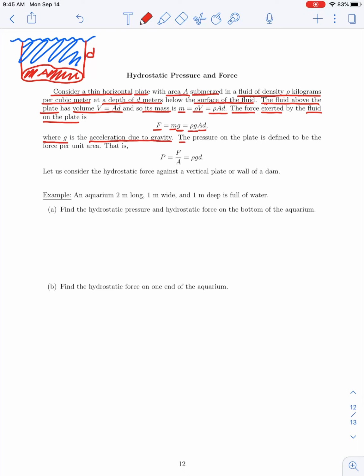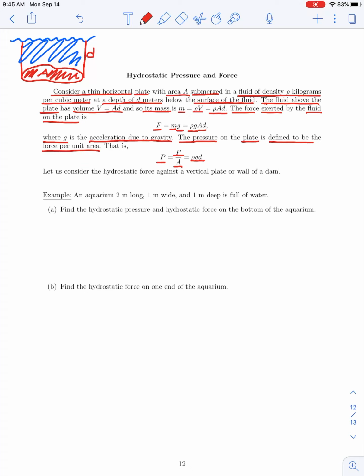Now, we can also define the hydrostatic pressure on this plate to be the force per unit area. So our hydrostatic pressure will be denoted as capital P, and it's found by taking the force on our plate F and dividing by the area of that plate A. Now, since our formula for hydrostatic force was given as the product rho g A d, when we divide by the area A, we're left with rho g times d.